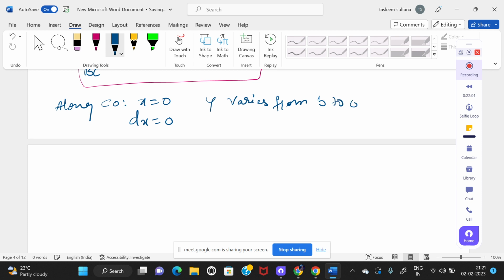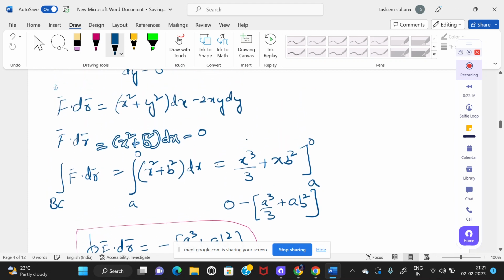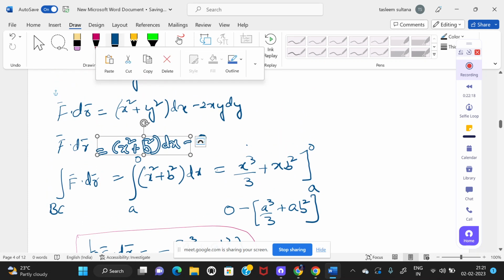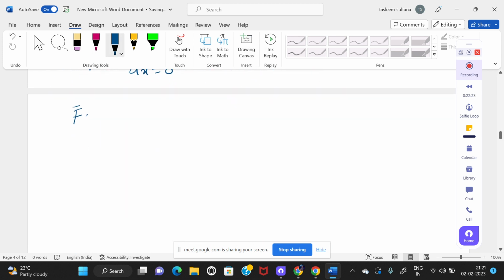So what are you going to get, f vector into dr vector? This full term will become 0, because dx is equal to 0 and x is equal to 0. Our equation is x square plus y square into dx minus 2xy into dy. So completely that will become 0.